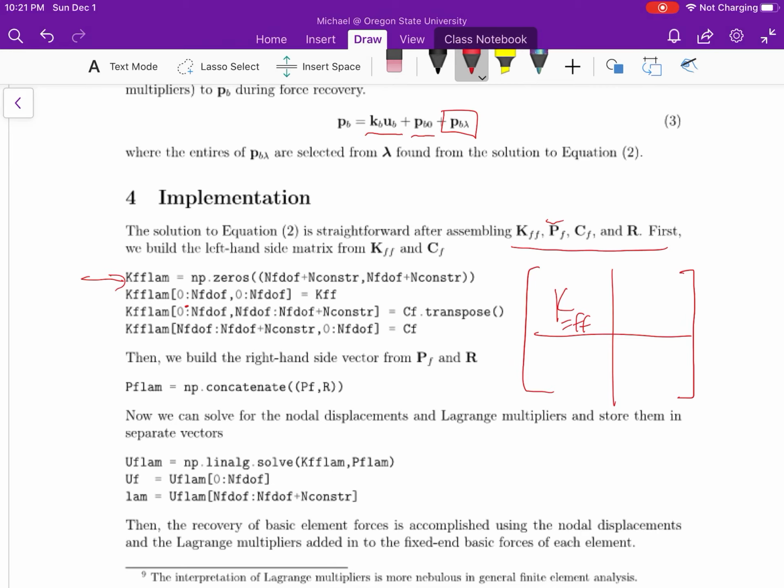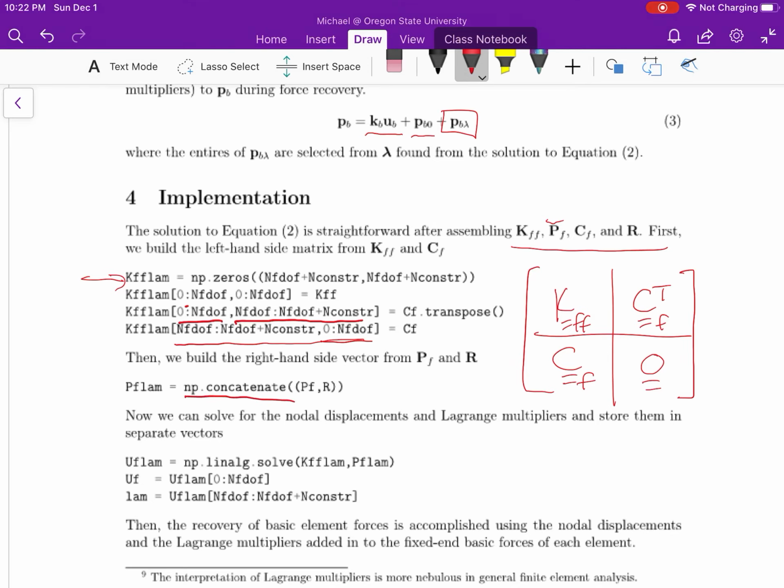Then in rows 0 to NFDOF, and columns NFDOF to NFDOF plus the number of constraints, we write in CF transpose, which is over here. And in the lower left block, the lower rows and columns 1 through NFDOF, we write in CF, and everything else was initialized to 0.